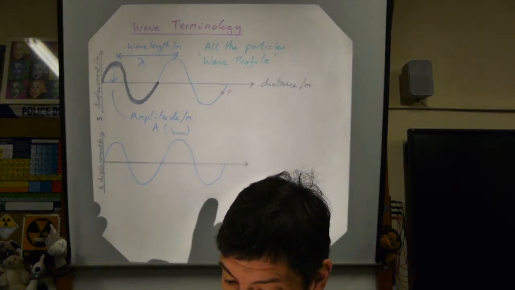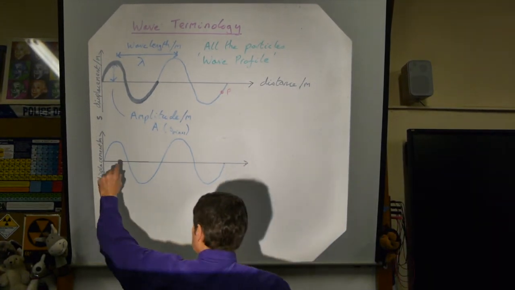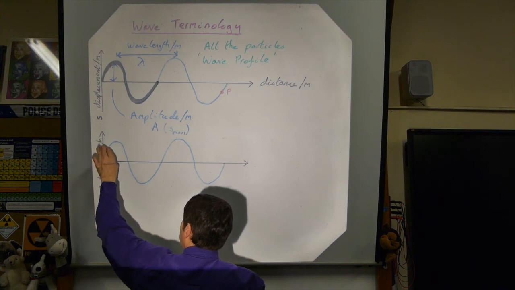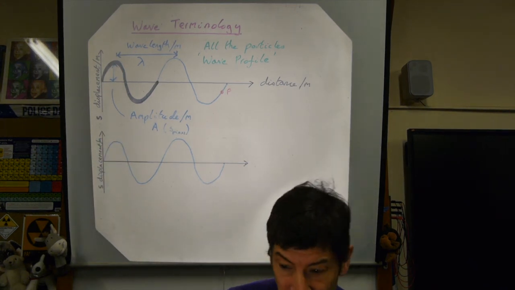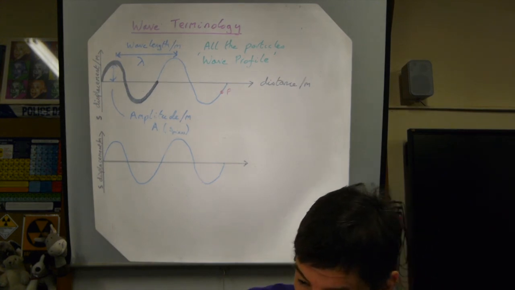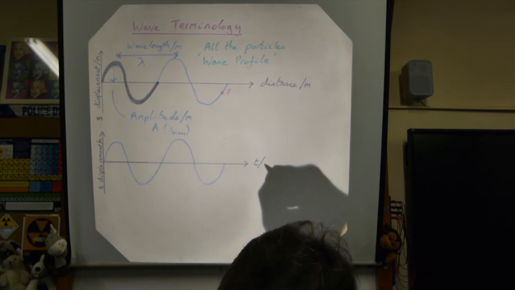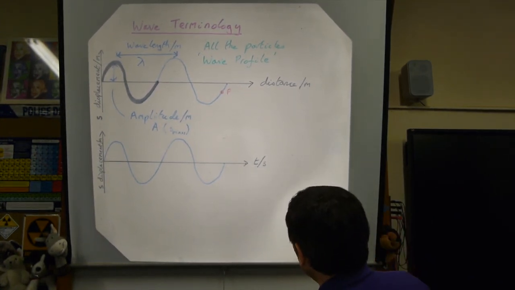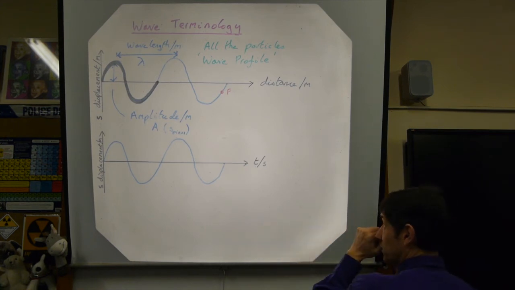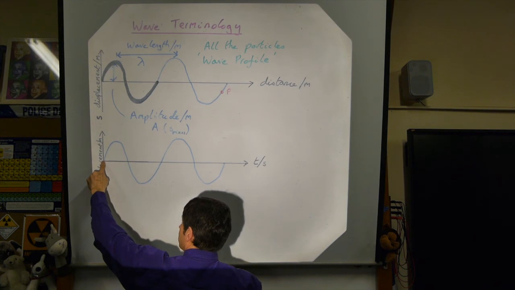Okay, and what is this axis then? Well, if this represents just one particle bobbing up and down, what we have is a displacement-time graph. So this axis is time measured in seconds. Now, if you haven't clearly got that in your head and are wondering what's actually happening here: at time t equals 0, the particle is where it was.